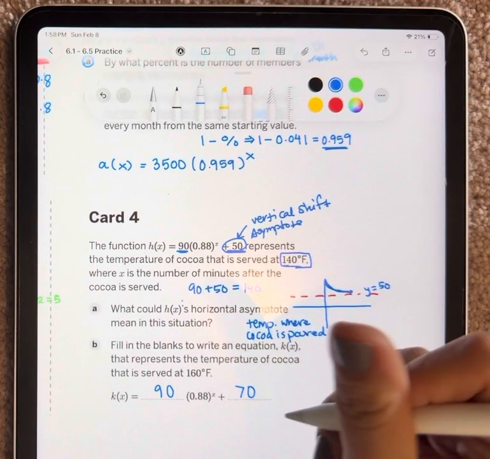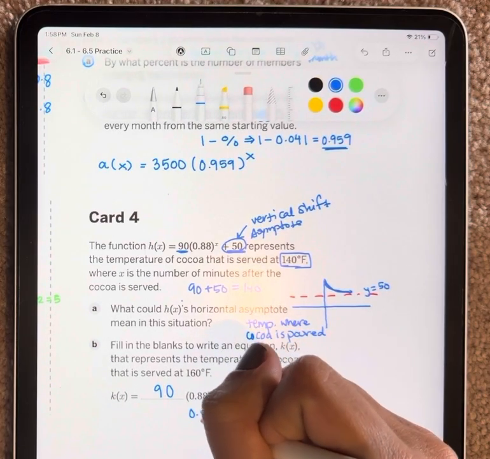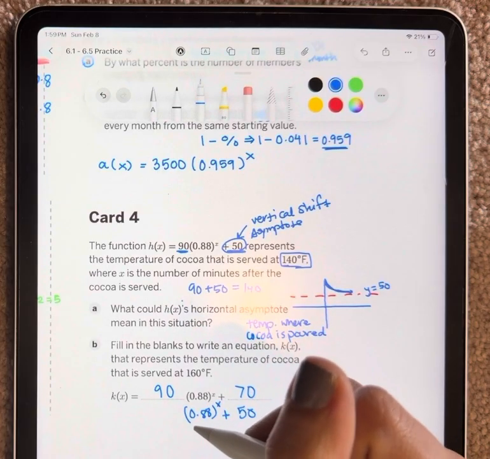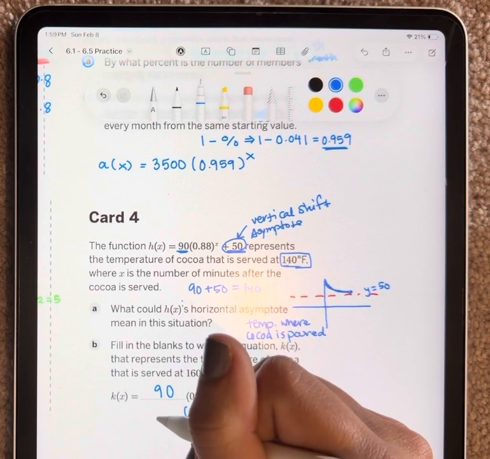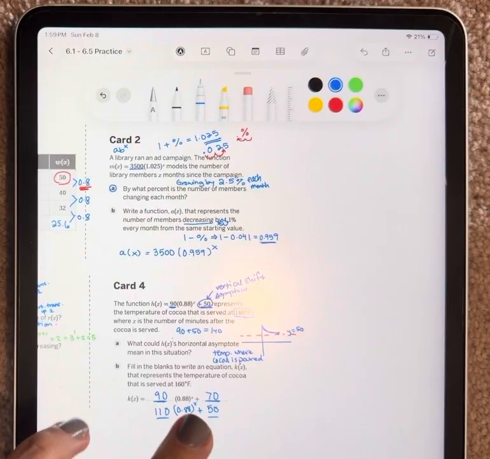That would work. Or you can say we're still outside and it's 50 degrees, but we're just pouring the cocoa at a much hotter temperature, so 110. Sorry, I forgot what this number was. As long as you write whatever number here and whatever number here to add up to one another to make 160, you're good. You can even get creative with it and do something different than what I did.